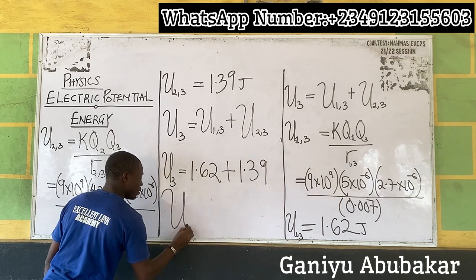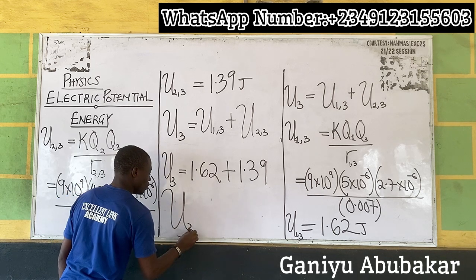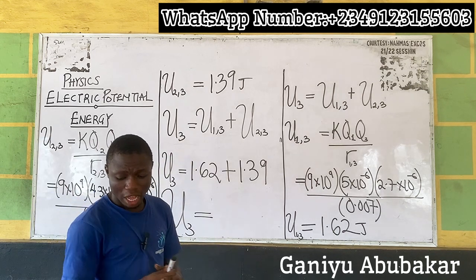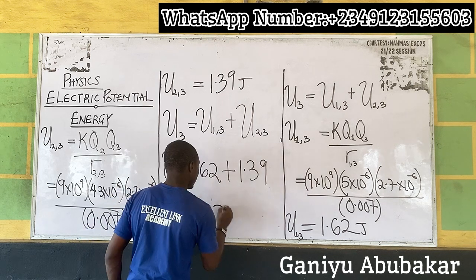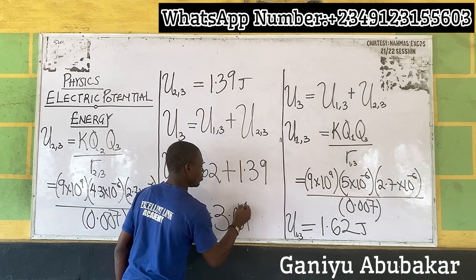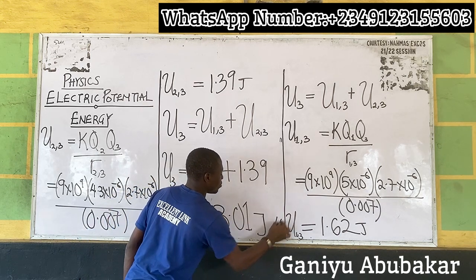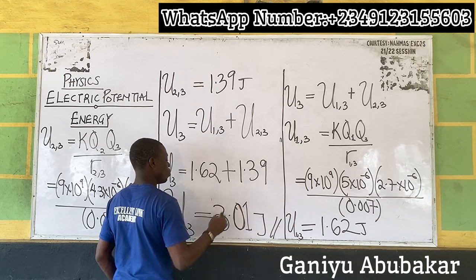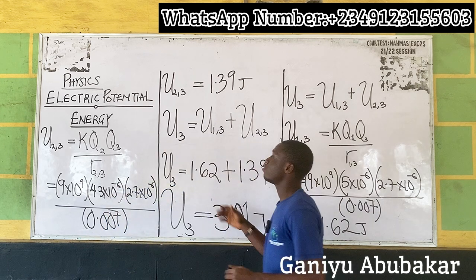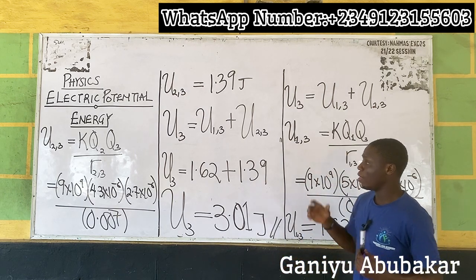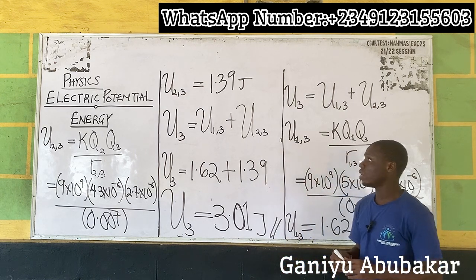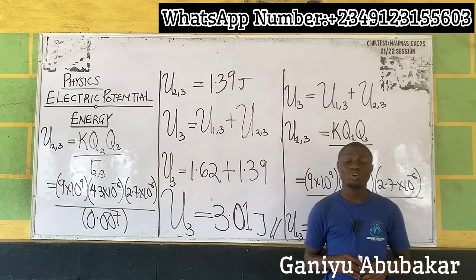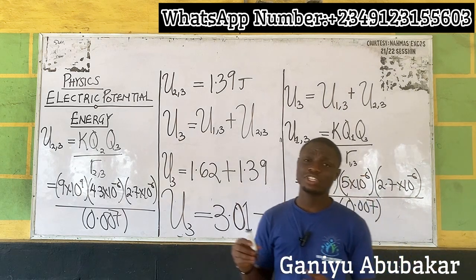The electrostatic potential energy at charge Q3 will be, if I sum this together, about 3.01 joules. So this becomes my answer, 3.01 joules. This is how you solve this particular question under electrostatic potential energy, or we call it electric potential energy.